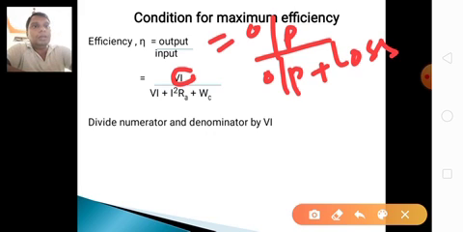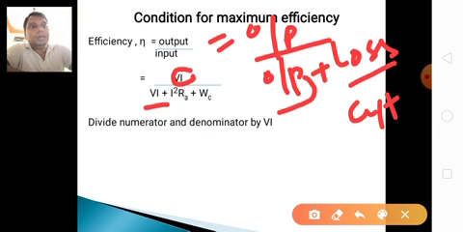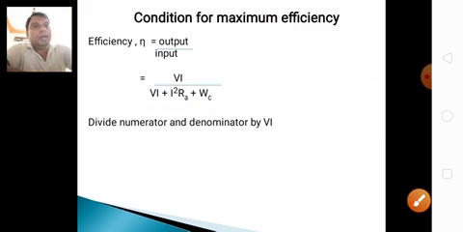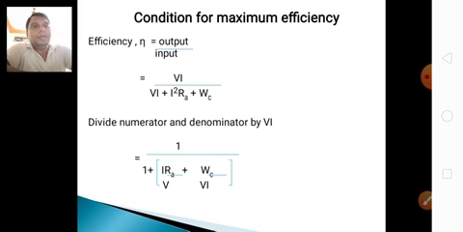The output is VI. The total loss is the armature copper loss plus constant loss, that is, variable loss I square RA plus constant loss WC. Now dividing the numerator and denominator by VI, VI by VI gives 1, I square RA by VI, where I gets cancelled, plus WC by VI.